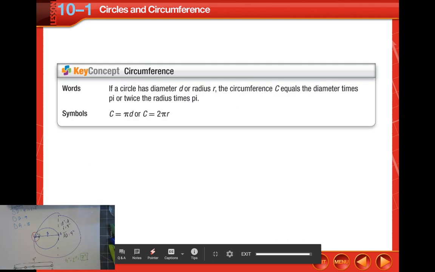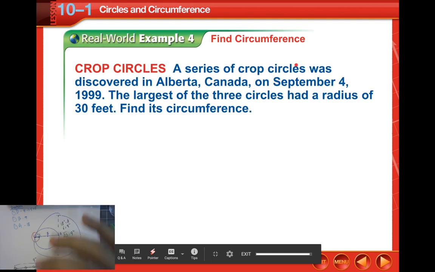Circumference. We need to know this equation. Circumference is pi d or 2 pi r. If we wanted to have this question, it's a series of crop circles was discovered in Alberta, Canada on September 4th.